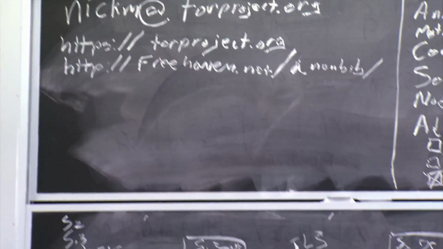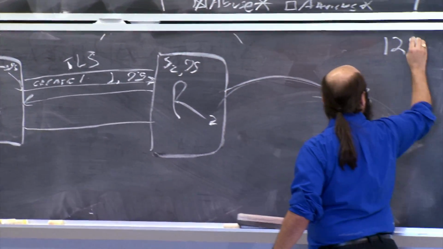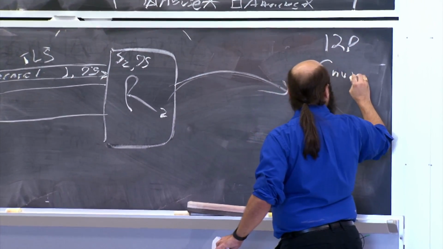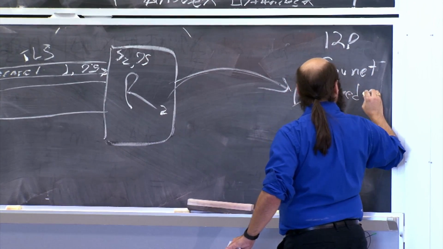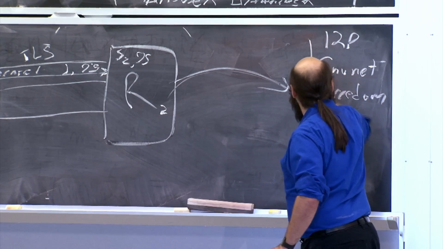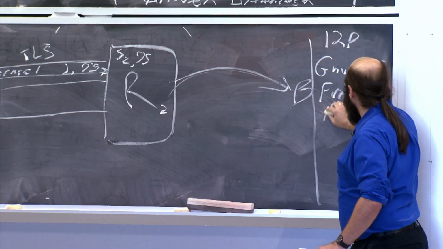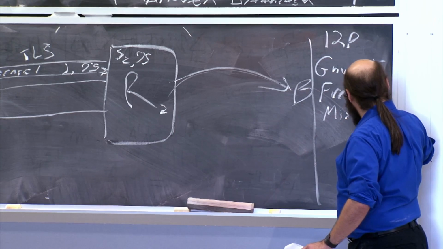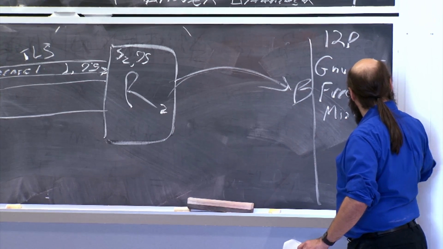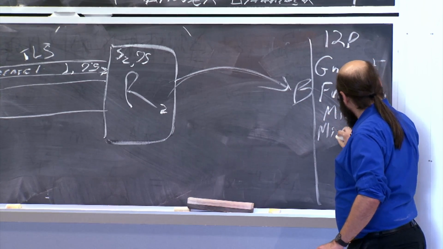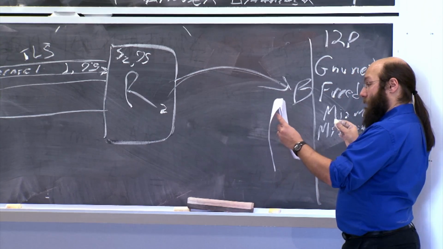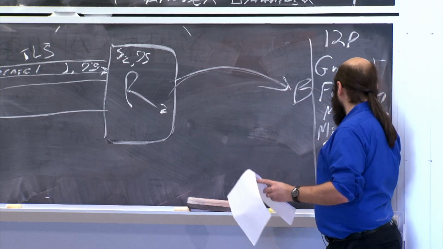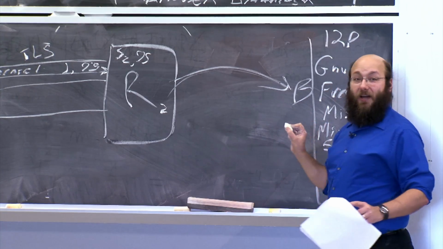You should also look at I2P, GNUnet, Freedom, which is currently defunct, no pun intended, Mixmaster, Mixminion, Sphinx with a Y, Sphinx with an I is something different.